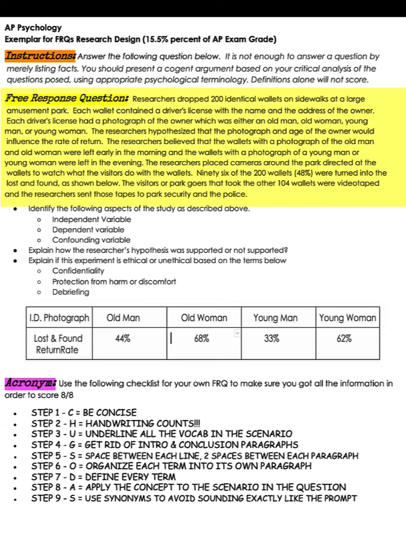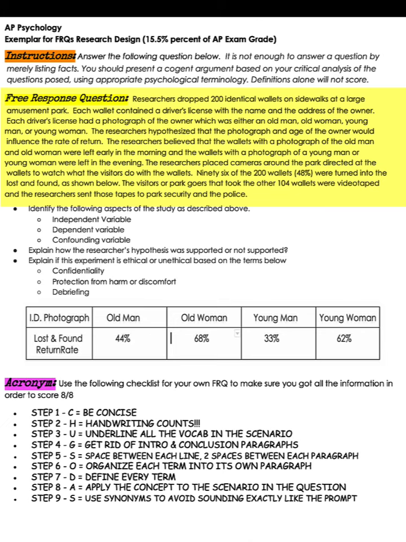The researchers hypothesized that the photograph and the age of the owner would influence the rate of the return of the wallets. The researchers believed that the wallets with the photograph of the old man and the old woman were left early in the morning, and that the wallets of the photographs of the young man or the young woman were left in the evening.